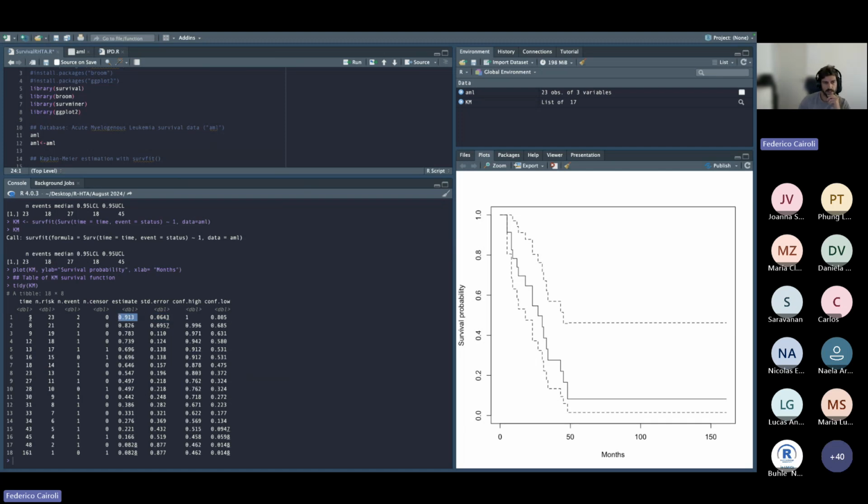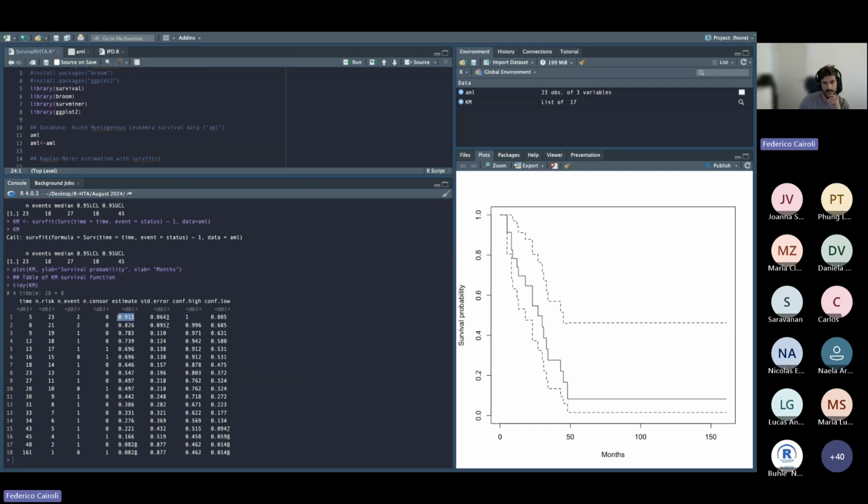So the point is that you are going to see here just those time points in which we have either an event or a censoring. In this case, we have an event or censoring just at months 5, 8, 9, and so on until 161.